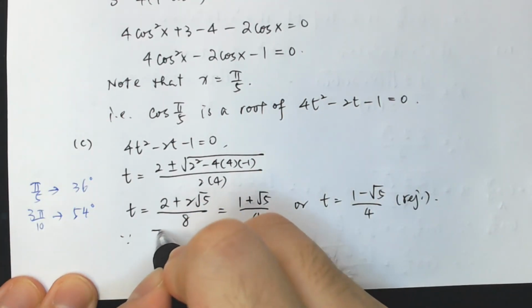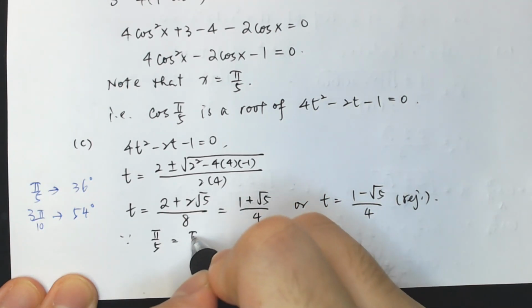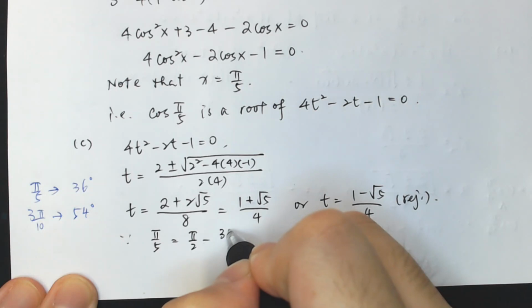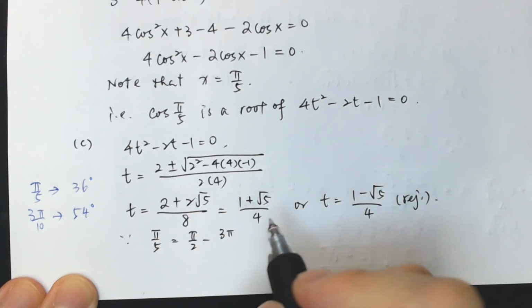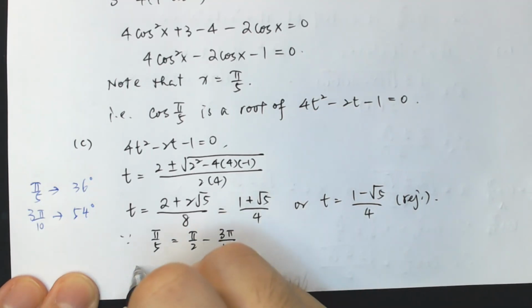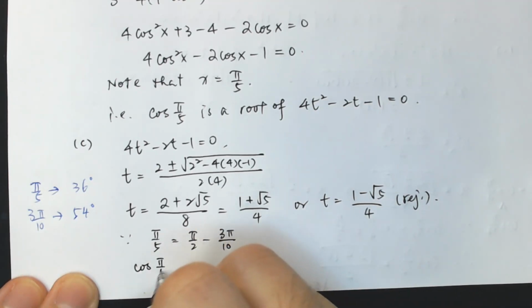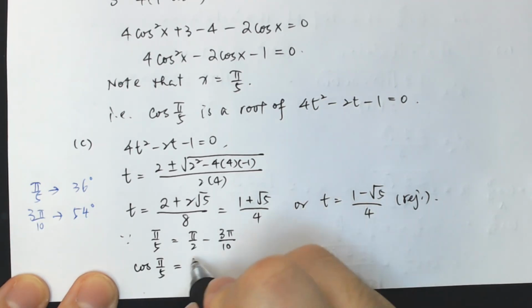Since pi over 5 is equal to pi over 2 minus 3 pi over 10, we take cosine on both sides so that we know that cosine pi over 5 is 1 plus root 5 over 4.